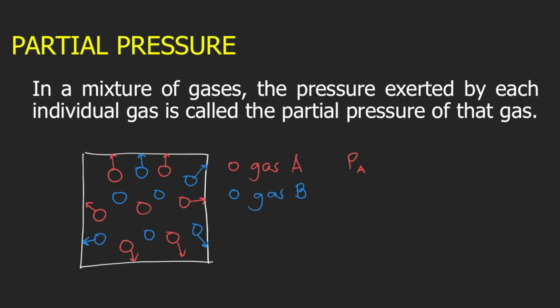So gas B also exerts pressure. And the pressure exerted by gas B alone is what you call the partial pressure of gas B. Or in symbol, that's P subscript B. So that's how you explain partial pressure.